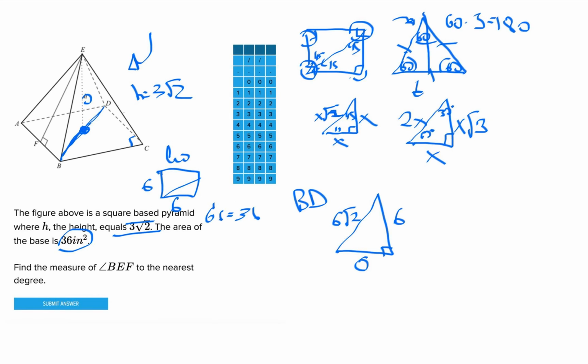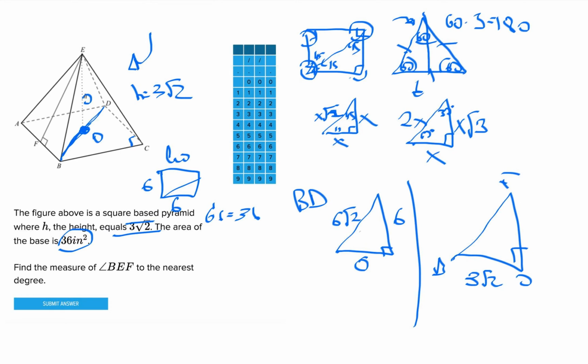Well, if we're looking at the height then as the height of our next right triangle here, this one here, BE to the center, I'm going to go ahead and call the center here O. And we draw a triangle BEO. We know then that because the height is at the center, this is going to actually measure 3 root 2, half of the length of the entire diameter.